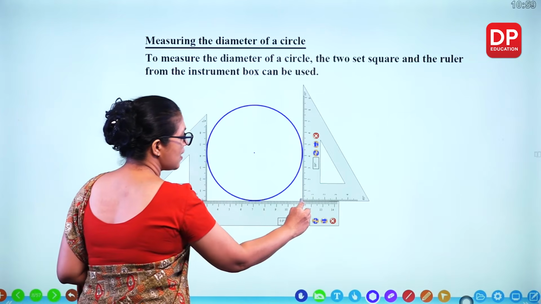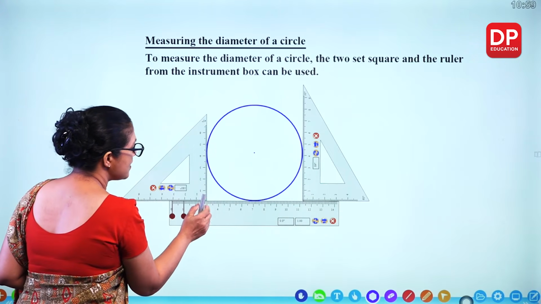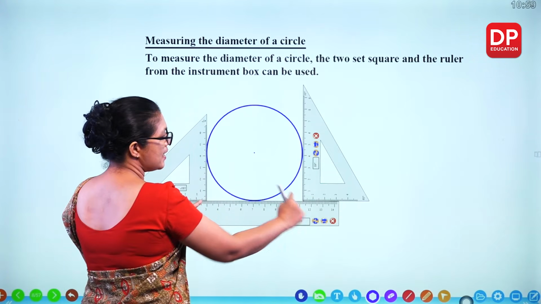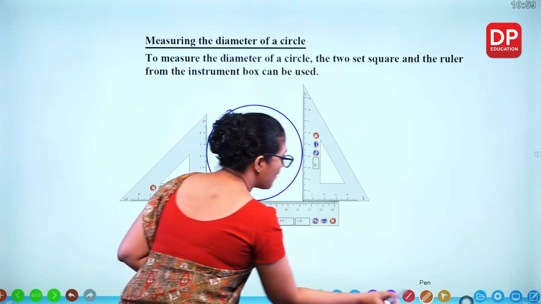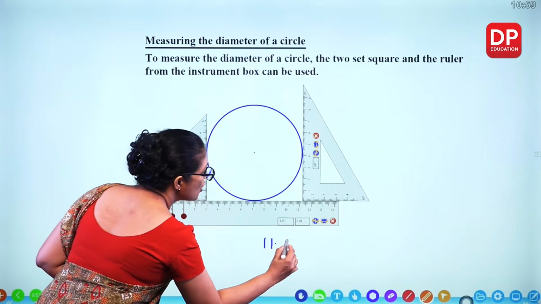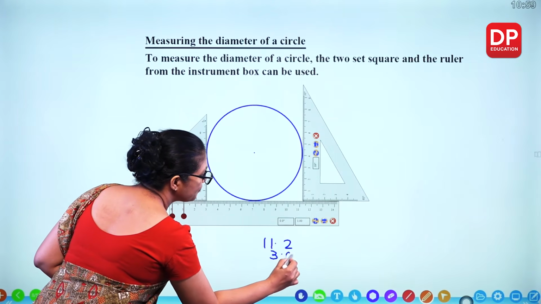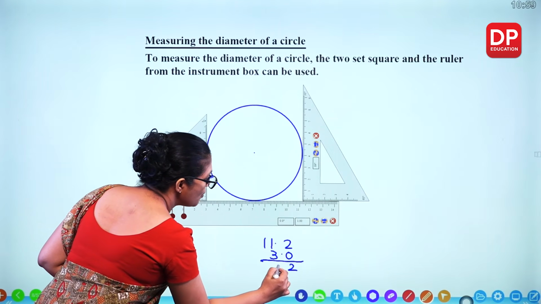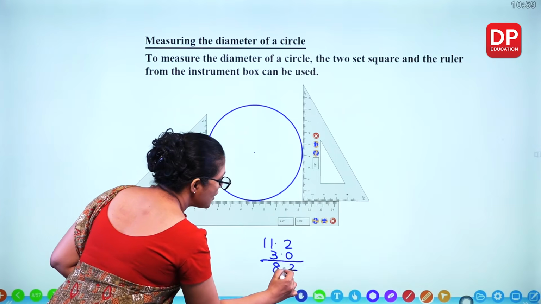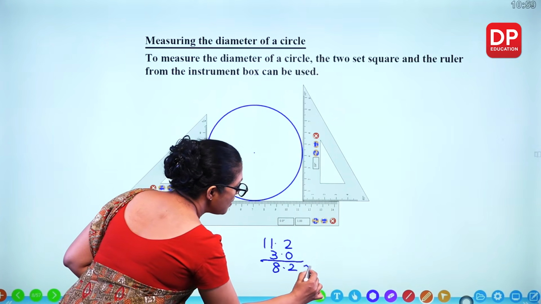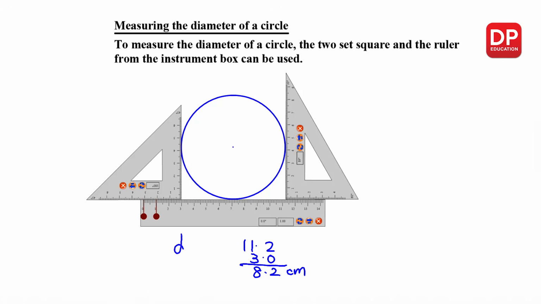So this is 11.2. This is 3. How can we find out the diameter? You can write 11.2 minus 3. So you get 8.2 centimeters for this diameter.